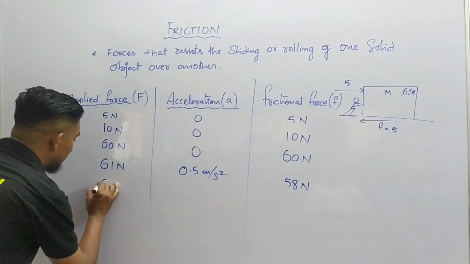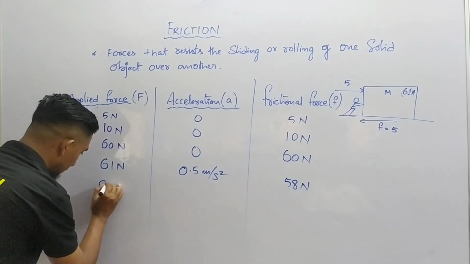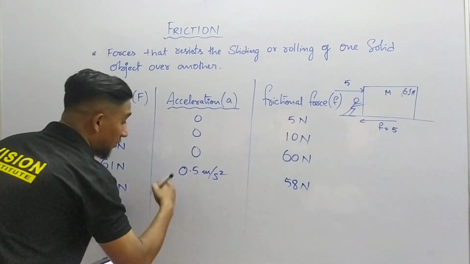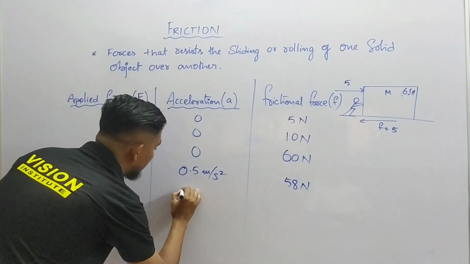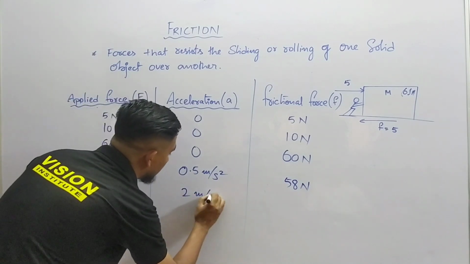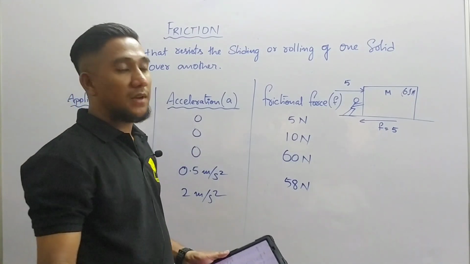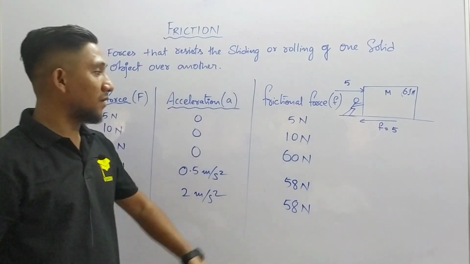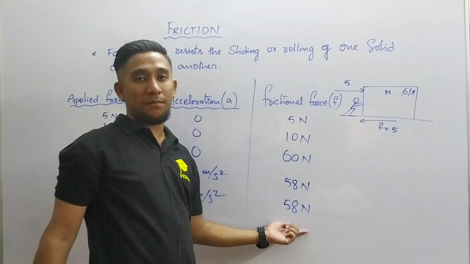Again, when this person increases his force, for example, let's say it is 80 Newton, the body will move faster because the force is more now. So let's say it is 2 meter per second square acceleration, and experimentally it has been observed that the friction force applied when the body has started to move is still the same.